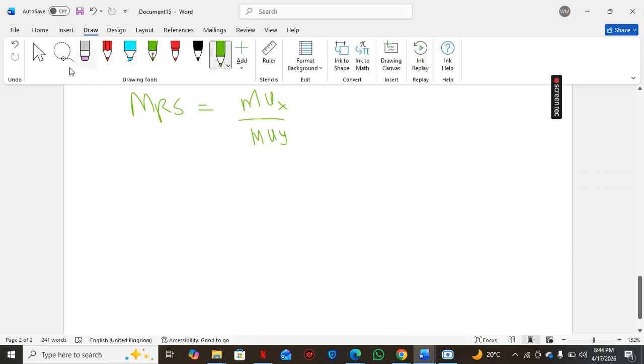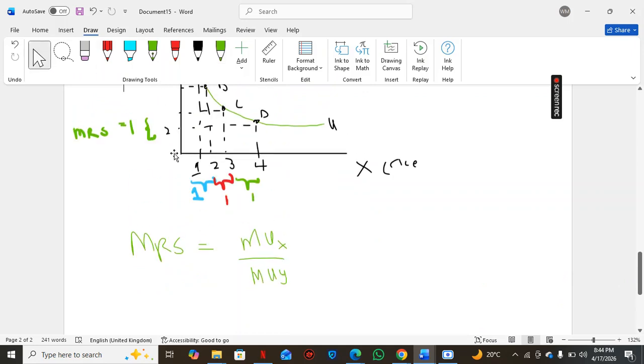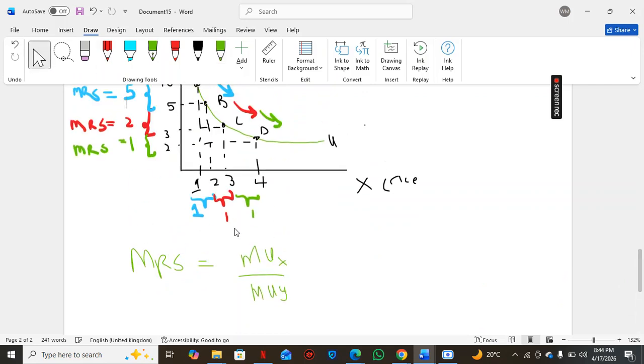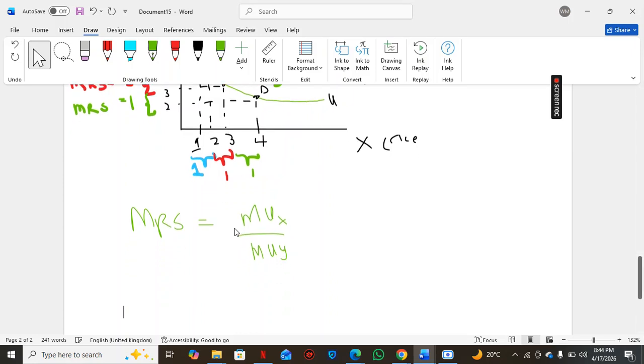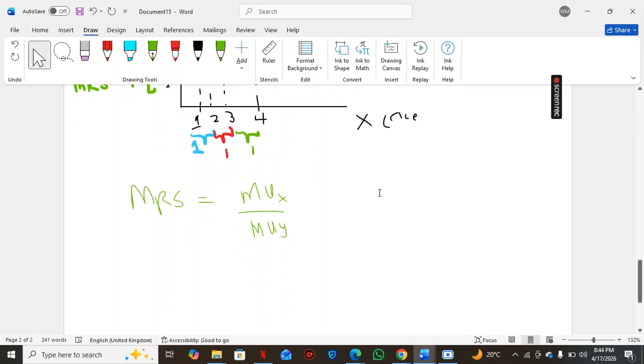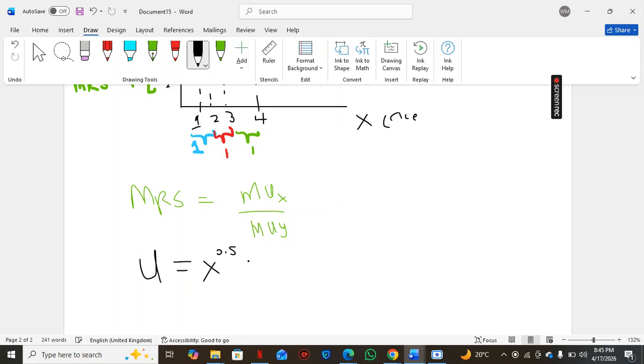Okay, let's say you've been given a utility function like this: U equals X to the power 0.5, Y to the power 0.5.